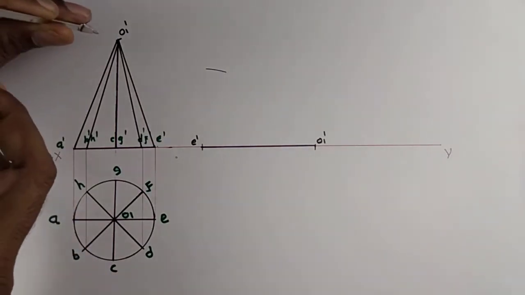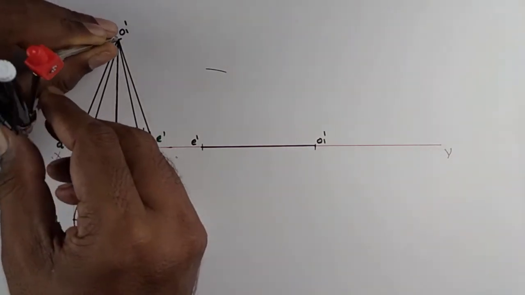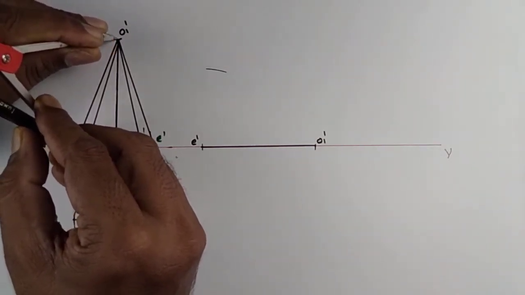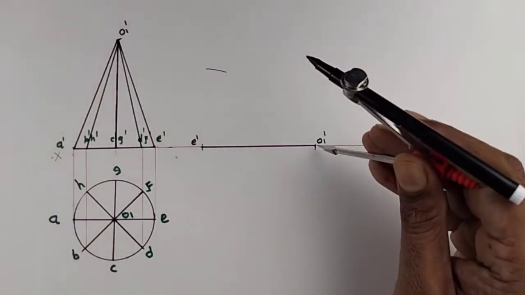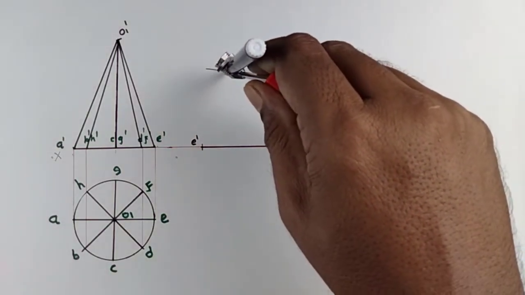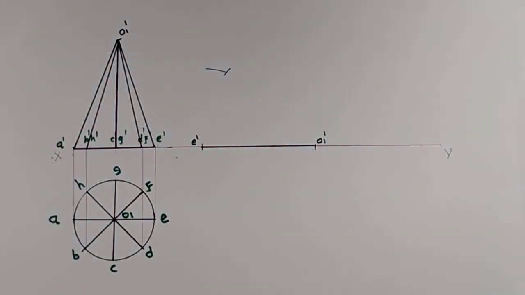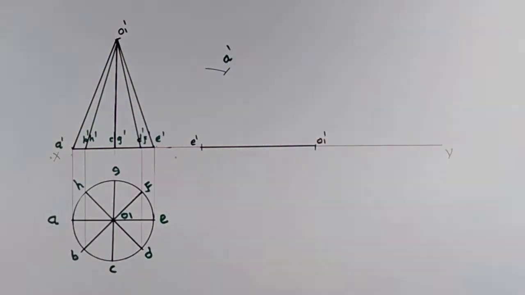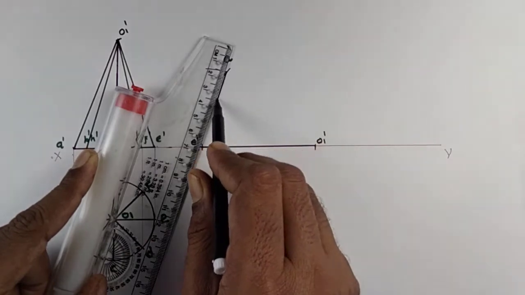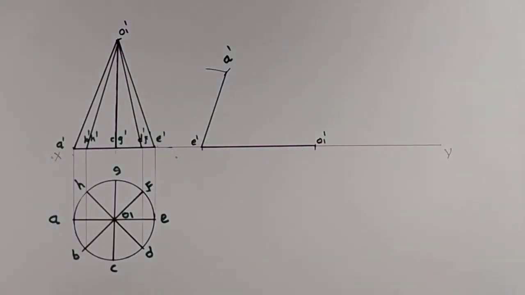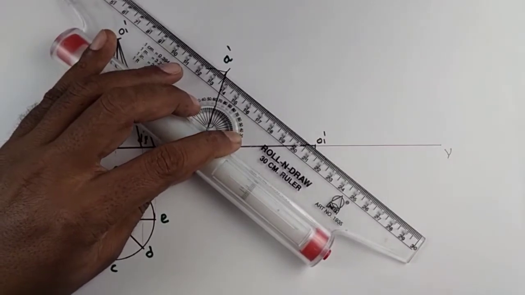Then we take O1 dash A dash as the radius with center O1 dash and draw the arc. This intersection point gives your A dash. So join A dash E dash, which is your base, and connect A dash O1 dash.